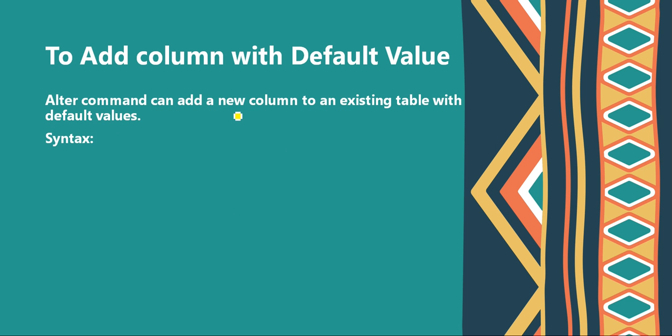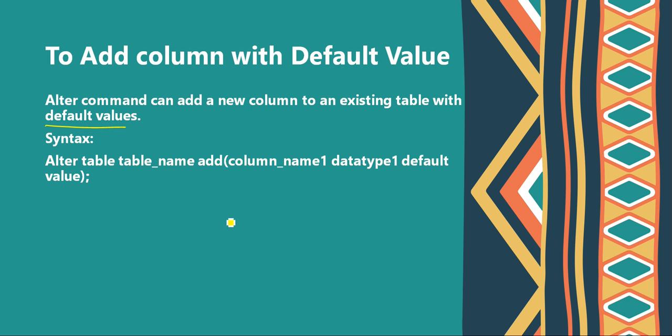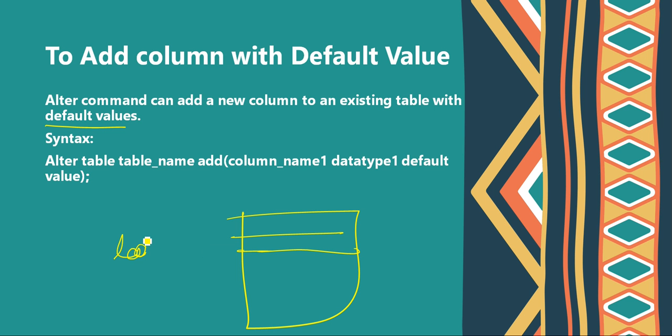So we can add a new column to an existing table with default values. So whenever a new student comes, and if he or she doesn't know about his age and his parents will come later, until then what I can do is use a default value. So for now let's say I will enter 7 as a default age.